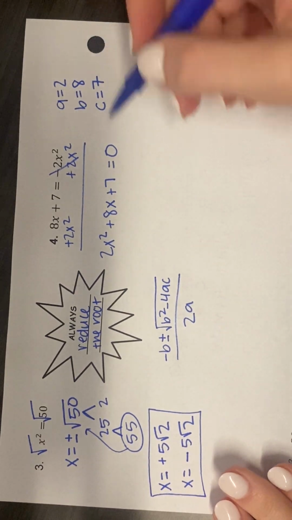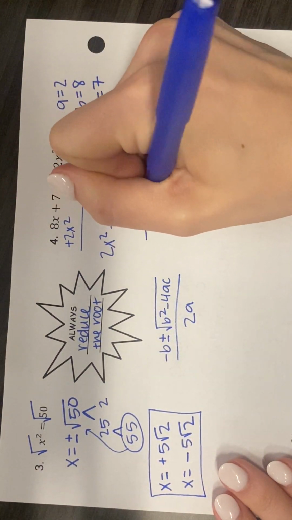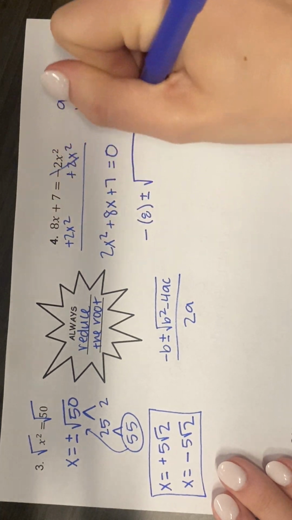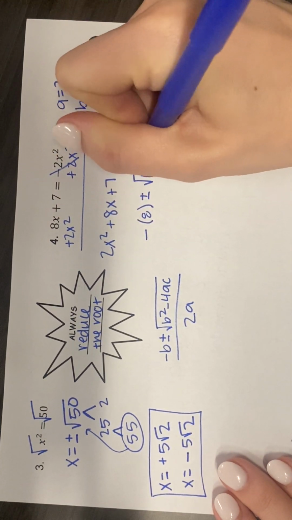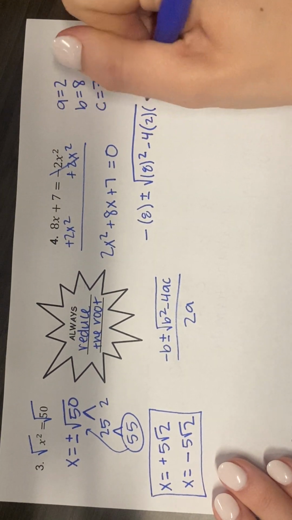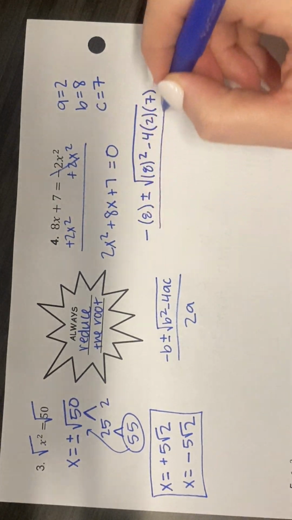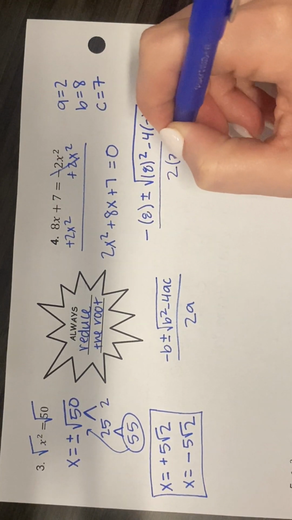So now we're going to plug in. I've got negative b, which is 8, plus or minus the square root of parentheses 8 squared minus 4. My a is 2, and my c is 7. All over 2a, which is 2.